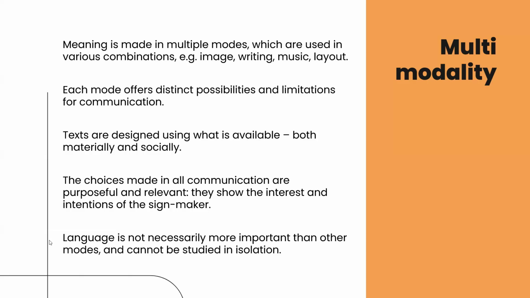And last but not least, the linguistic mode is not necessarily more important than other modes. And the language, especially the script in a movie, cannot be analyzed separately from everything else in the movie. What is the music that is being played at the same time?